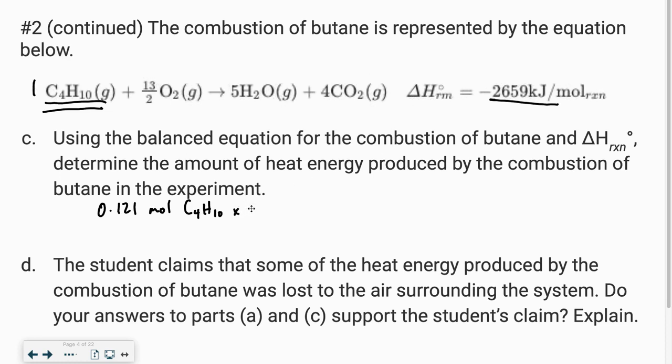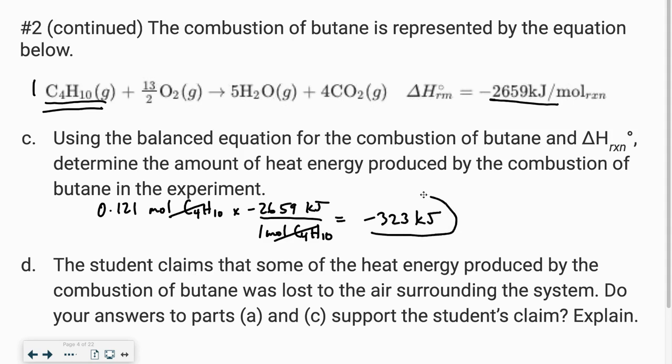So I can use that relationship. So negative 2659 kilojoules for 1 mole C4H10. And that will cancel out my moles, and I will get negative 323 kilojoules for my heat energy produced from the burning of this many moles of butane.